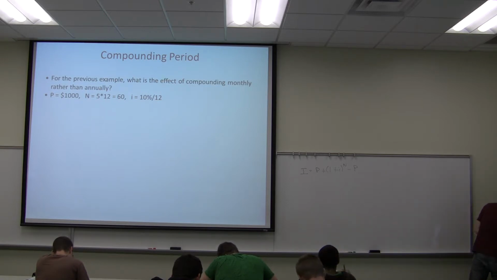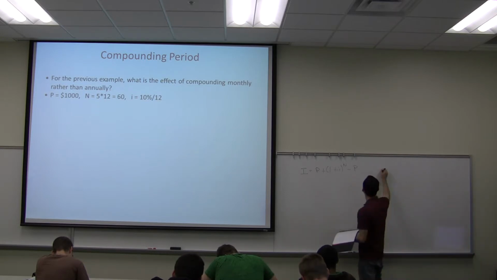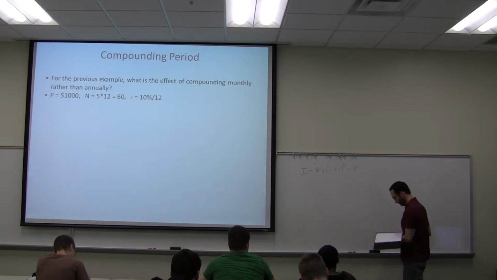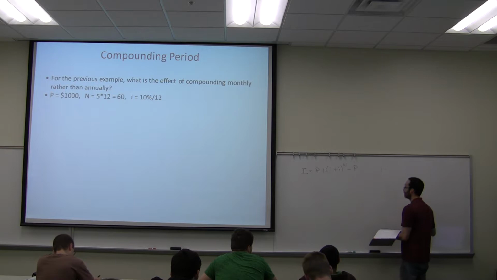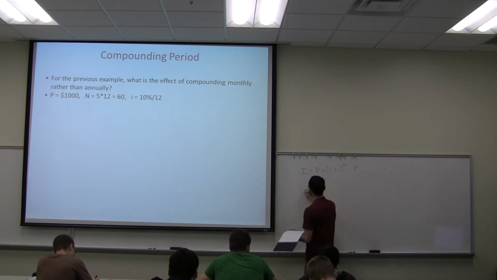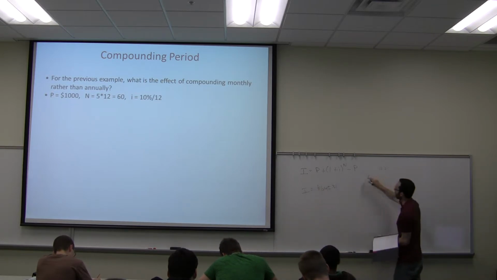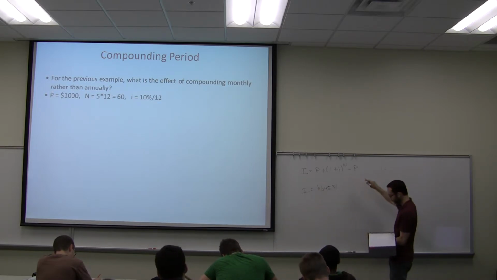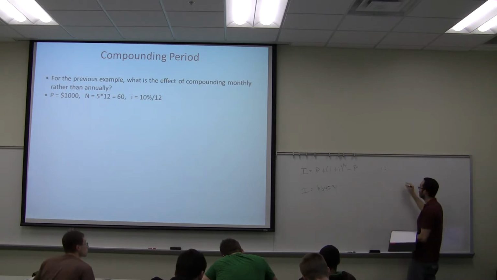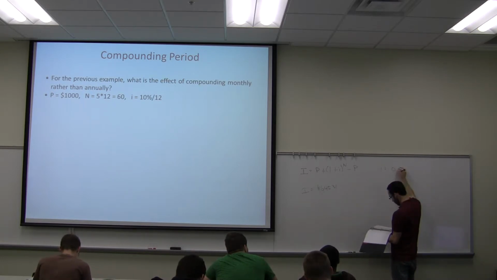Okay, Charles, so what is I? 645.31. Okay, so that's the big I, 645.31. Exactly right. So what about the interest rate per period? 0.00833.